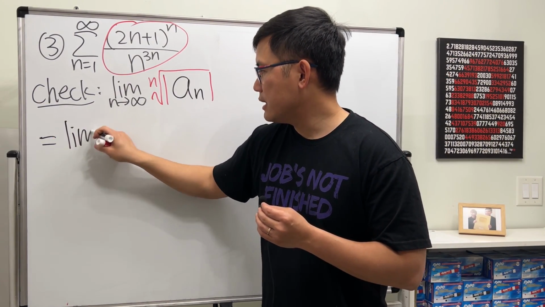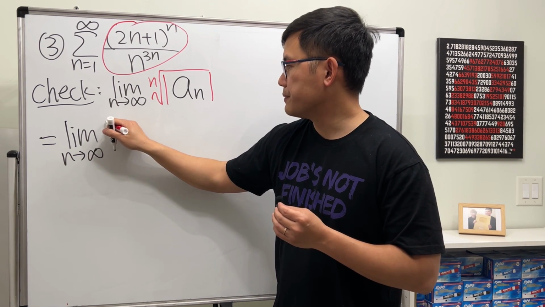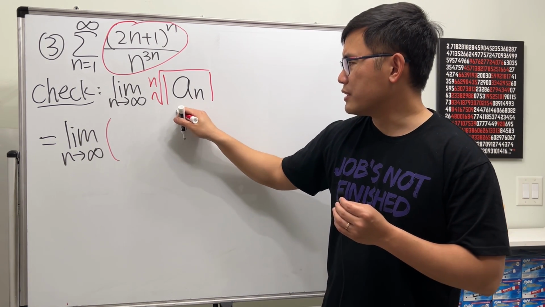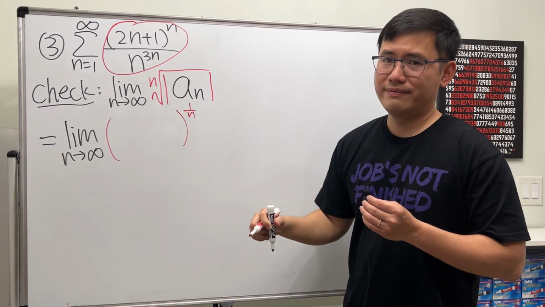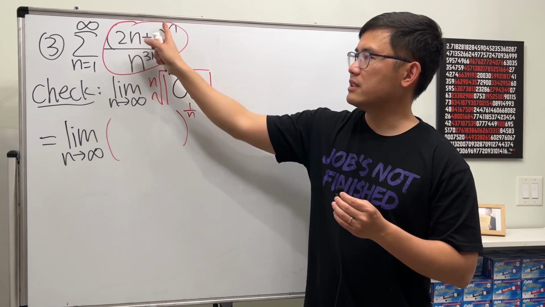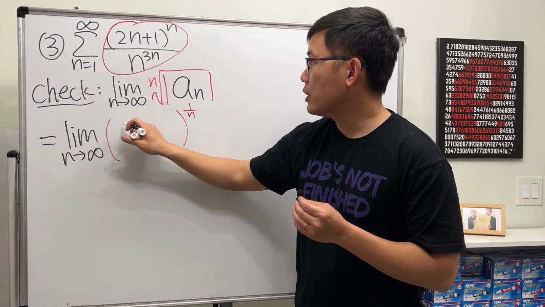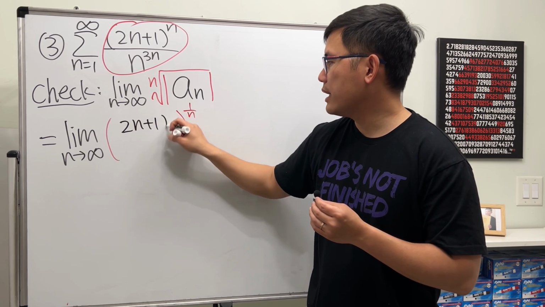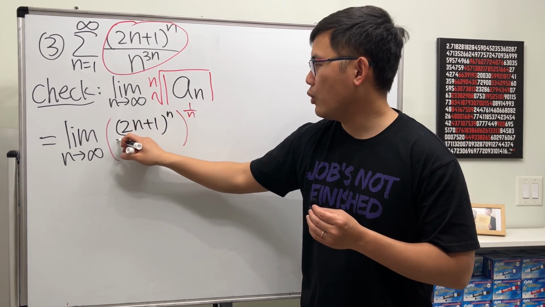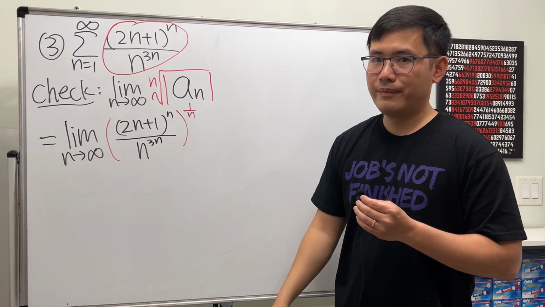We will do the limit as n goes to infinity, and then we take the nth root, which is the same as the 1 over nth power. Very nice. The absolute value doesn't matter in this case because everything is positive, so we can just write this down, which is 2n plus 1 raised to the nth power over n to the 3n power.